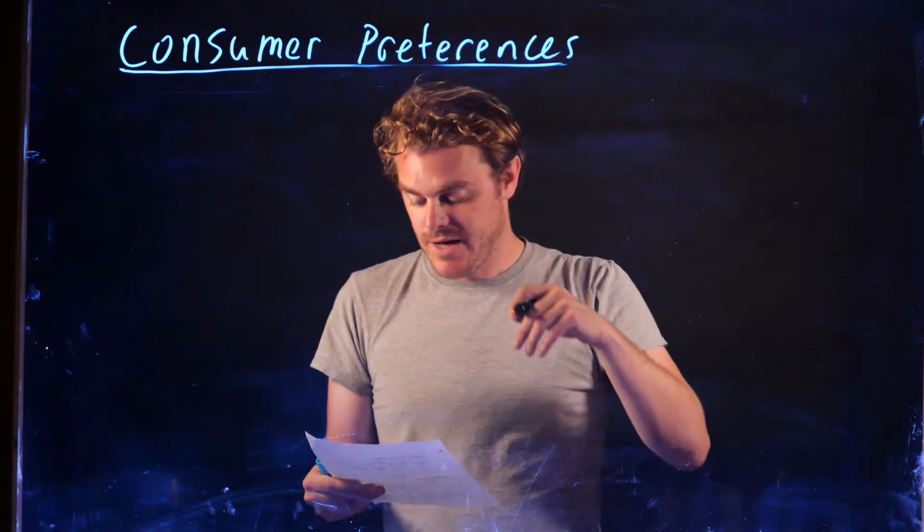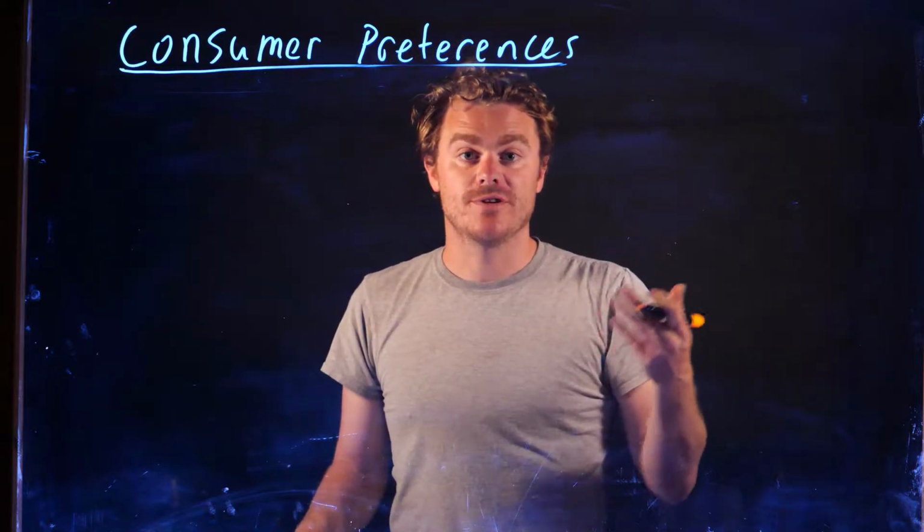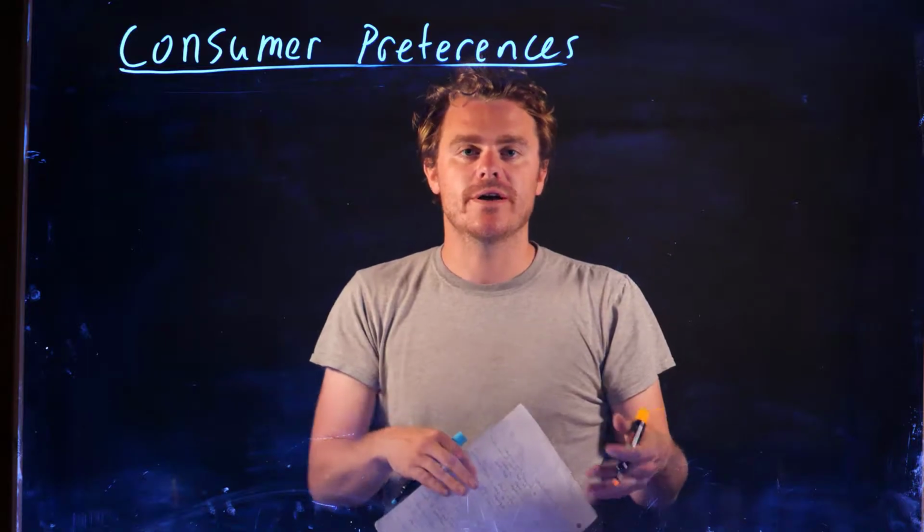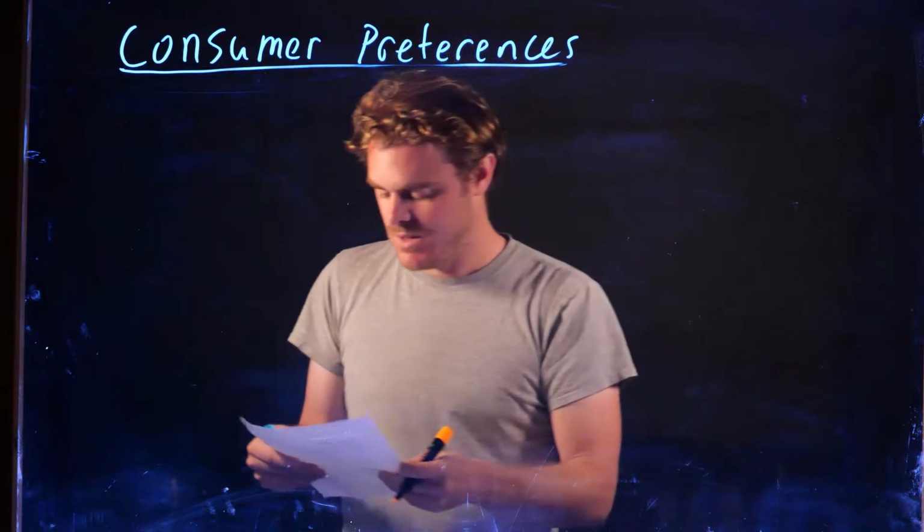So we're going to make assumptions about how these preferences work. I guess I said properties, but we're really making assumptions about how these preferences work, and we often call those axioms.